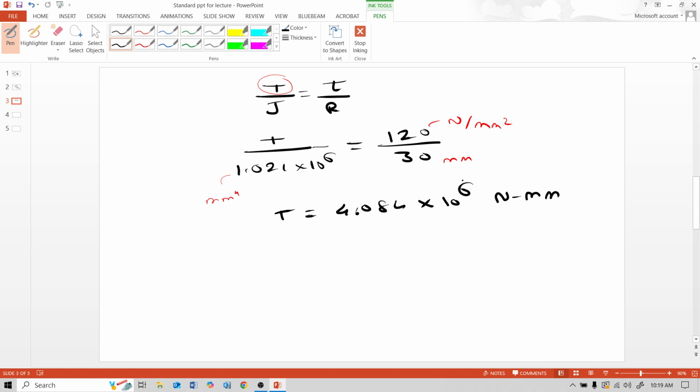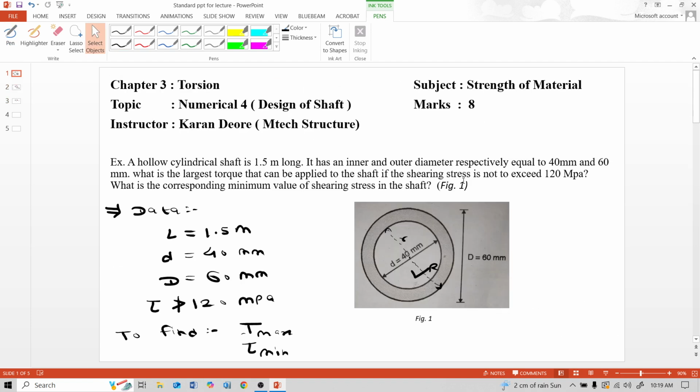Now next, this minimum shear stress tau occurs at the inner face.